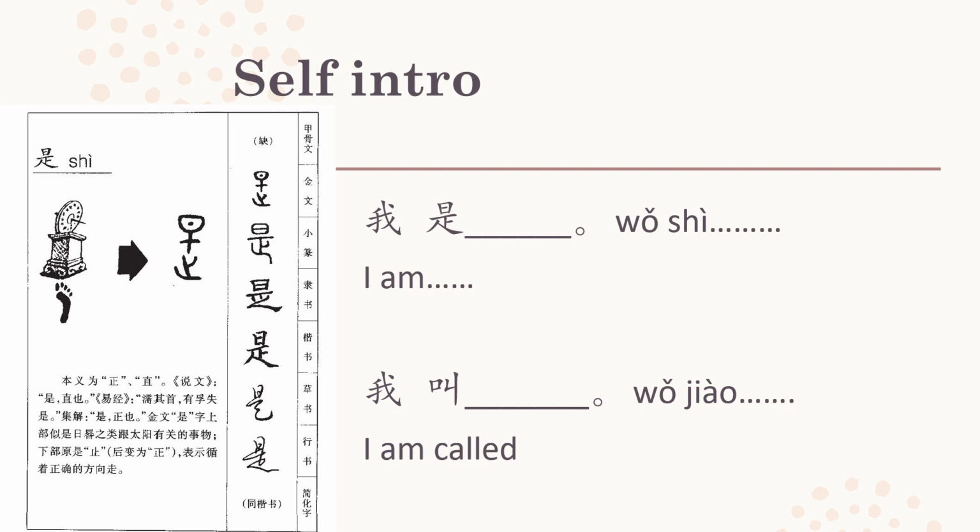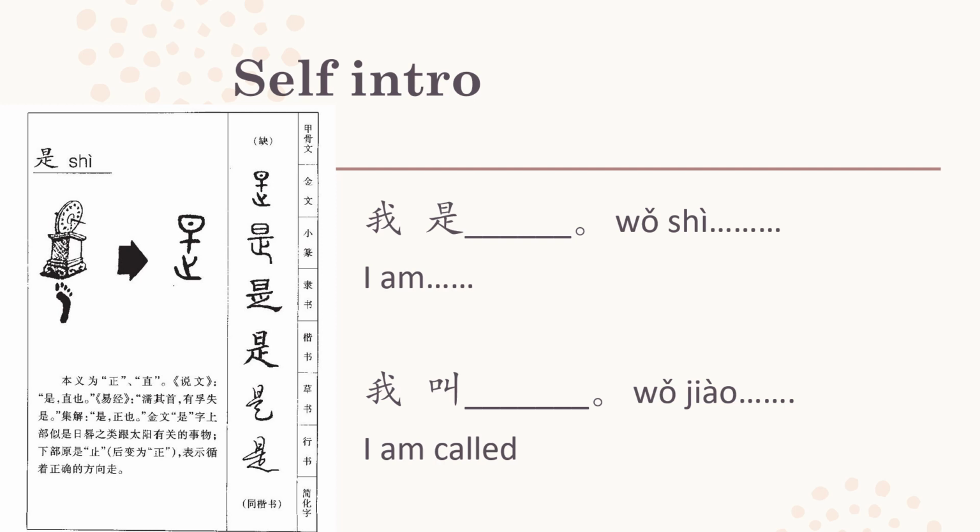The other sentence also means I'm called. So if we want to introduce your name, you can use both sentences. But think about it, what is the difference? There must be some difference between these two sentences. Yes. When you're introducing your name, it doesn't matter. You can use both sentences.